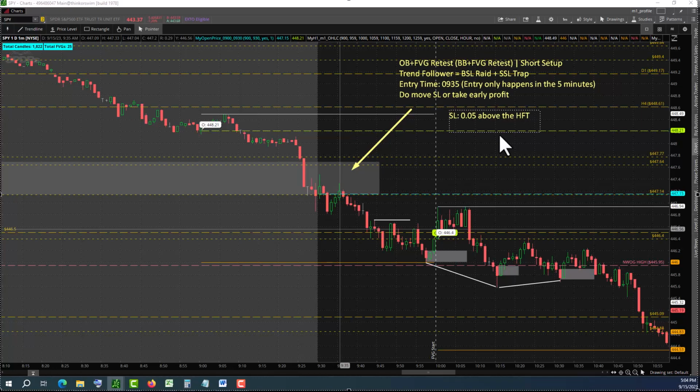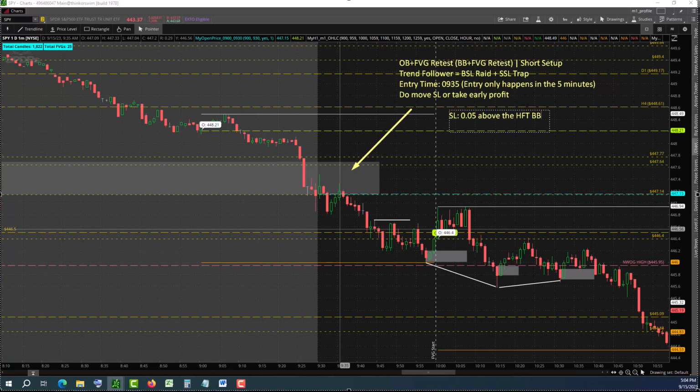Is that a bullish breaker, right? Yes, a high time frame bullish breaker. In this case it's called a breaker, either bullish or bearish.